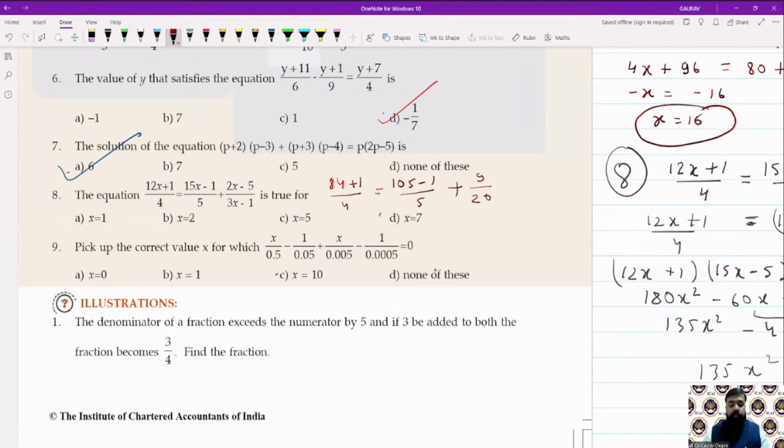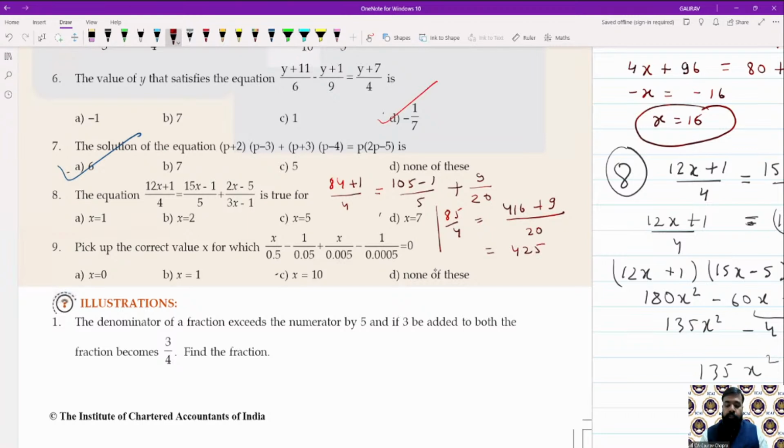Now we can see whether we are getting the same result on both sides or not. On the left hand side, we are having 85 by 4. Whereas on the right hand side, we can take the LCM. 5 and 20, LCM will be 20. Then 105 minus 1 is 104, into 4 is 416 plus 9.